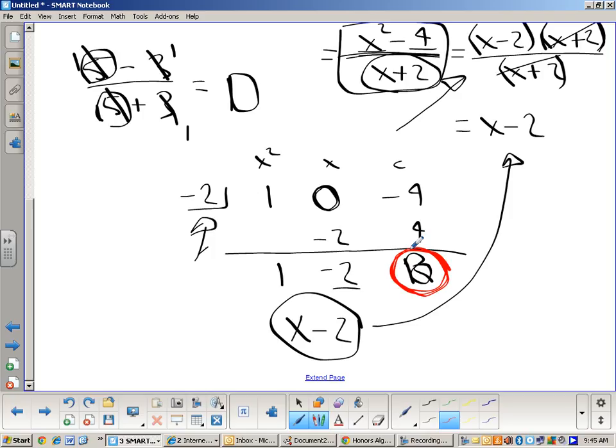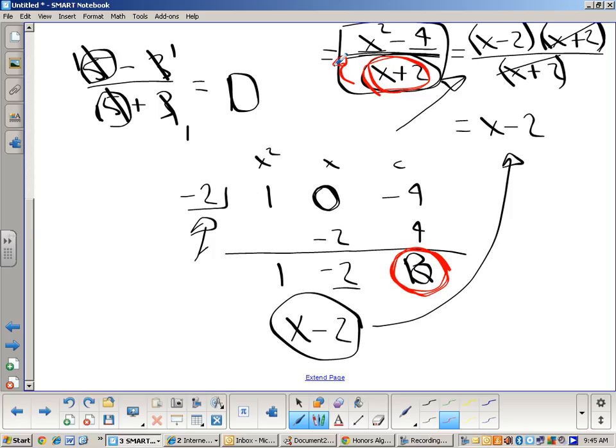I would just leave it as that fraction, x squared minus 4 over x plus 2. If you divide it out and it's not a 0, that means there's a remainder. That means it doesn't go into that number evenly, so I can't divide it. Okay? So you're looking for a remainder of 0. If it doesn't happen, then there's nothing you can do.